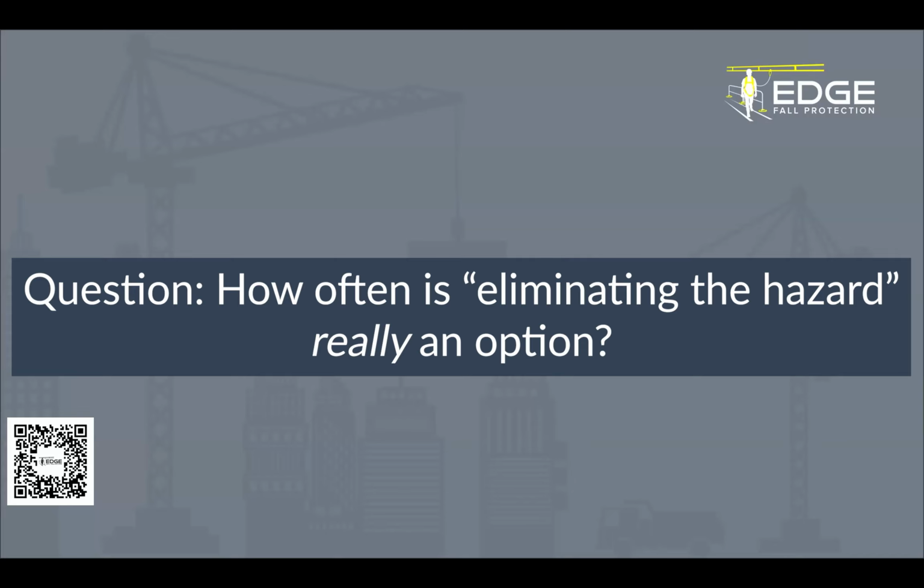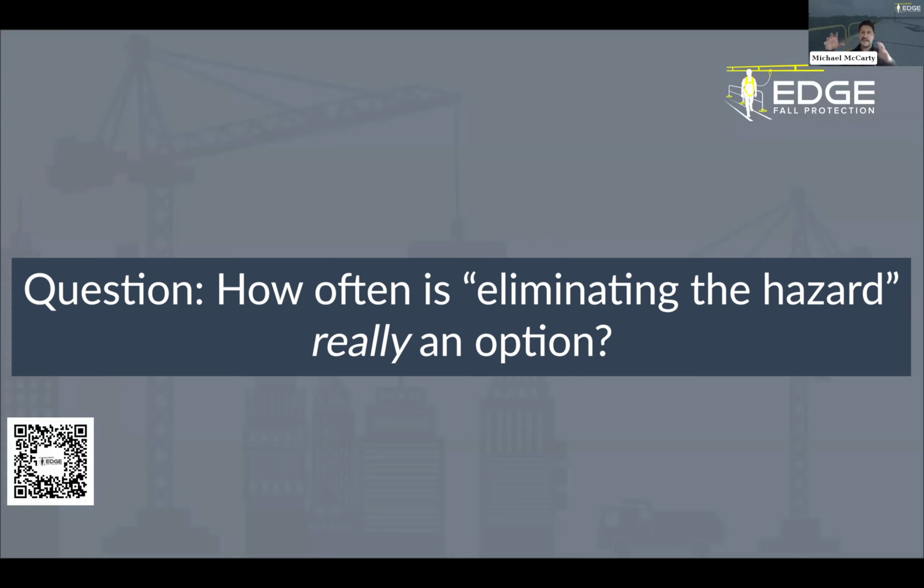How often is eliminating the hazard really an option? It's challenging. If you buy a building and you have an HVAC unit on the rooftop, it's going to be incredibly expensive to move that HVAC unit off the rooftop. Really, I think where eliminating the hazard comes into play most often is in the planning phase. So when we talk to architects and engineers, we're stressing, hey, let's not try to design a fall arrest system.